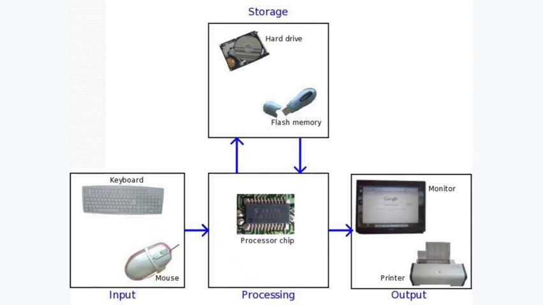Now, using this as an example, the input, which serves as your keyboard or your mouse, you type whatever you're typing, or you click whatever you're clicking, it sends a message down to the processor. The processor here is where the register is. When you talk about the processor, I'm referring to the CPU.